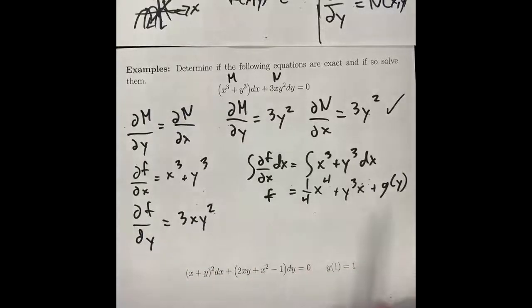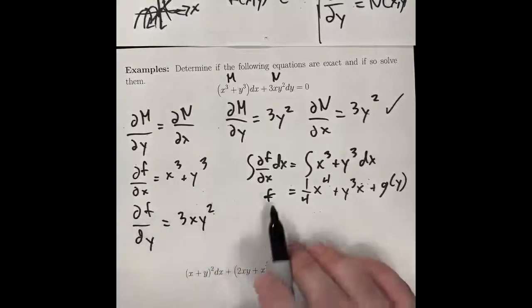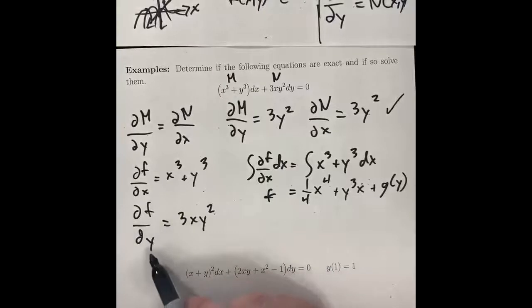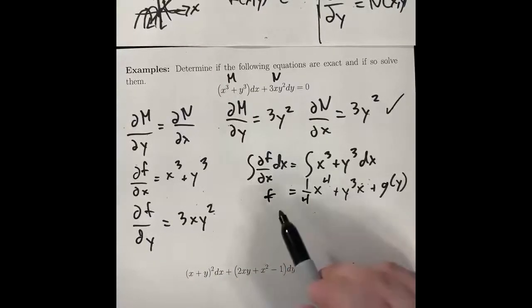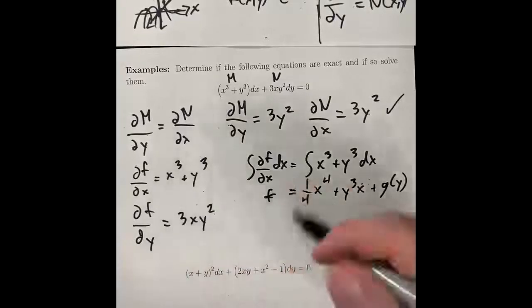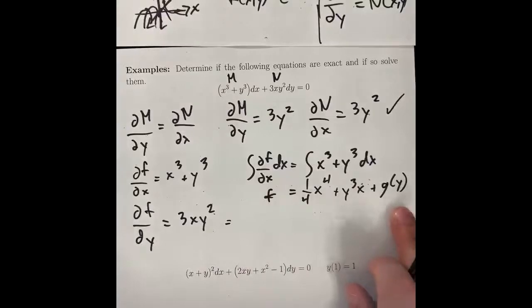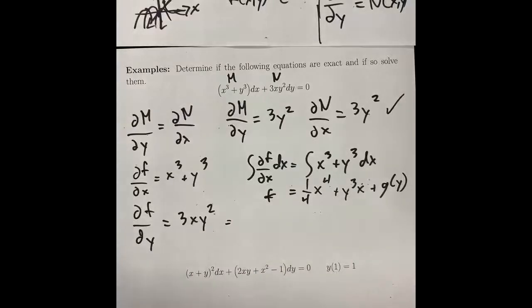I have this expression for f with respect to x and y, and I also know its partial derivative with respect to y. So let's do the partial derivative of this with respect to y and compare it to this term right here. That should equal 3xy squared, if this f is to be the same.